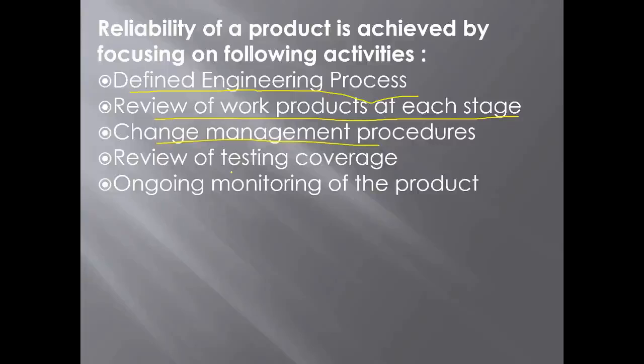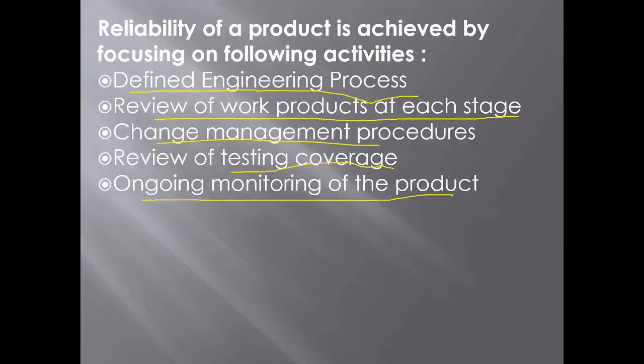Next is review of test coverage. What tests have you performed? It is the review of how many test cases passed, how many tests were successful, how many tests failed, and what type of defects are available. So this is the review report. Next is ongoing monitoring of the product.